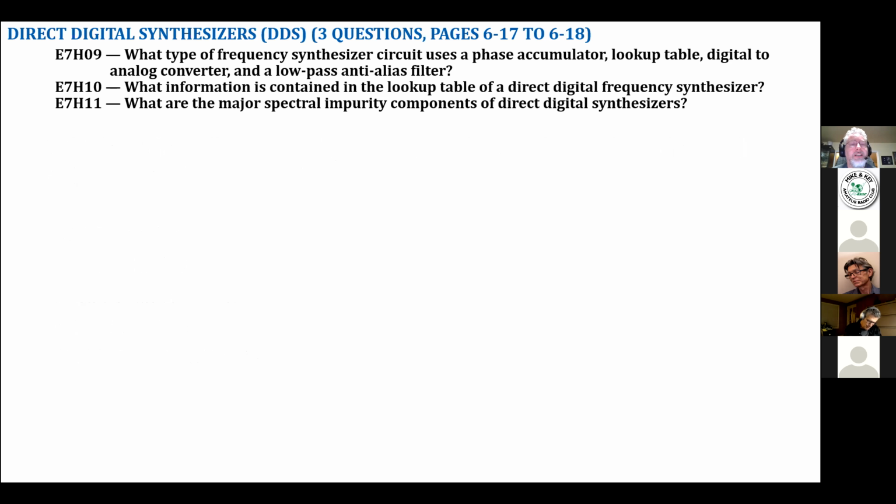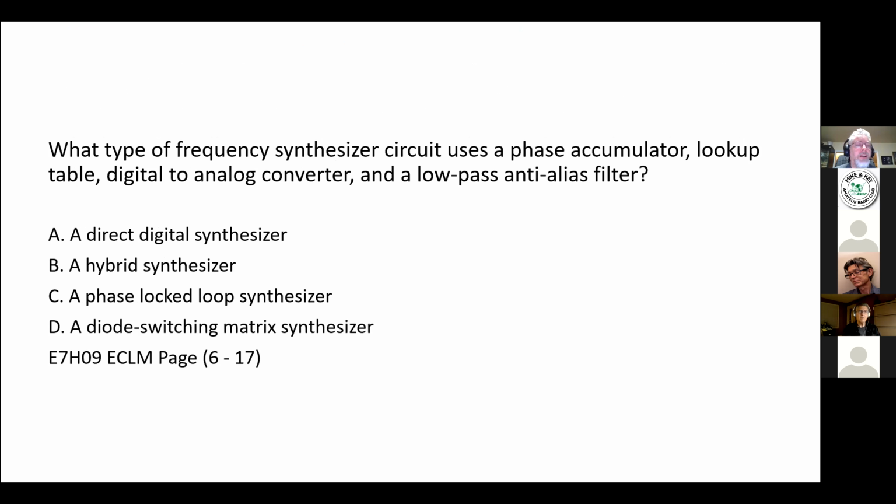Direct digital synthesizers, DDSs. 3 questions. What type of frequency synthesizer circuit uses a phase accumulator, lookup table, digital to analog converter, and a low-pass anti-alias filter?